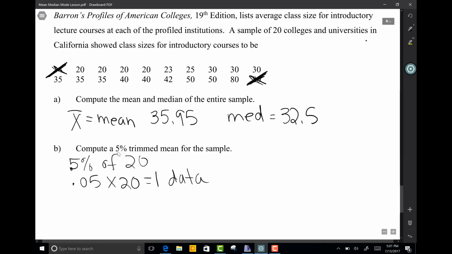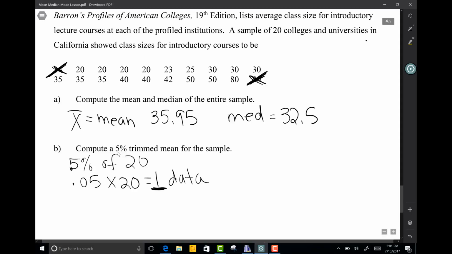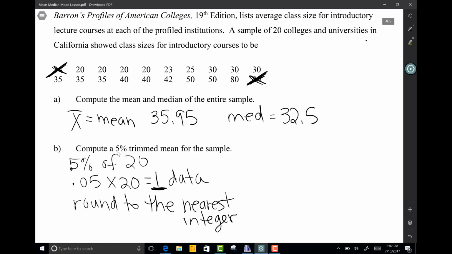We're going to delete that off of our data set. And then we're going to recalculate the mean without those values. If for some reason this number didn't come out to a whole number, then you would just round to the nearest integer. Okay, so we're going to take one off the top, one off the bottom.